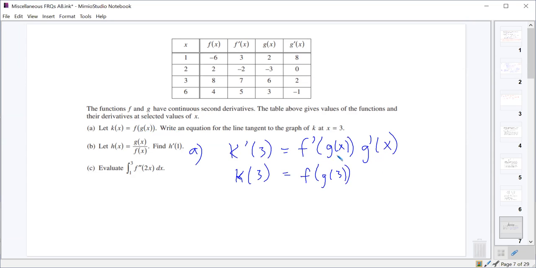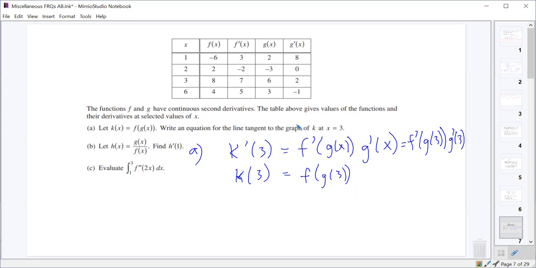So to find k prime of 3, we'll just plug in 3's for these. So this is f prime of g of 3 times g prime of 3. Everybody good with that so far? Yes. Cool.